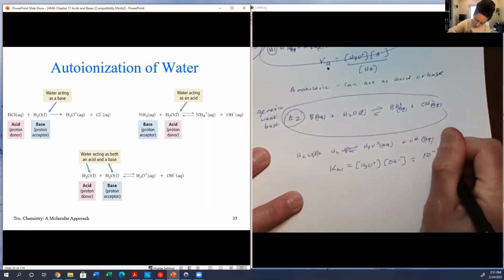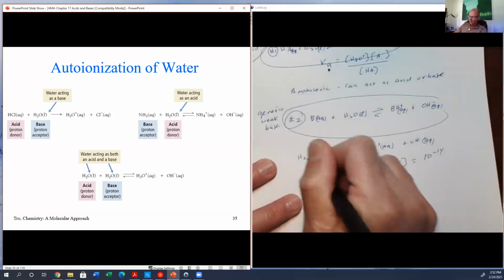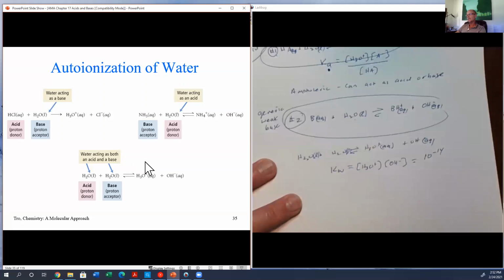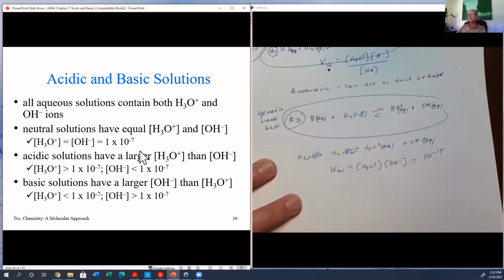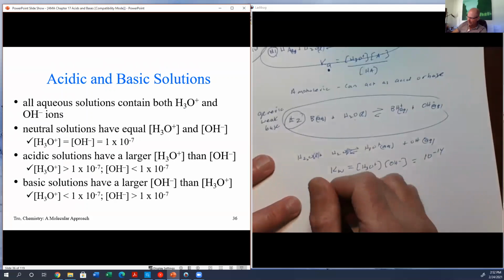Right. 10 to the minus 14, a very, very small number. Okay. So that tells you that the reaction doesn't occur very far to the right, right? In pure water, most of the molecules are water, right? But a small number of them are going to ionize like this. All right. Now, notice that I can say, oh, okay, I can set up an ice table.